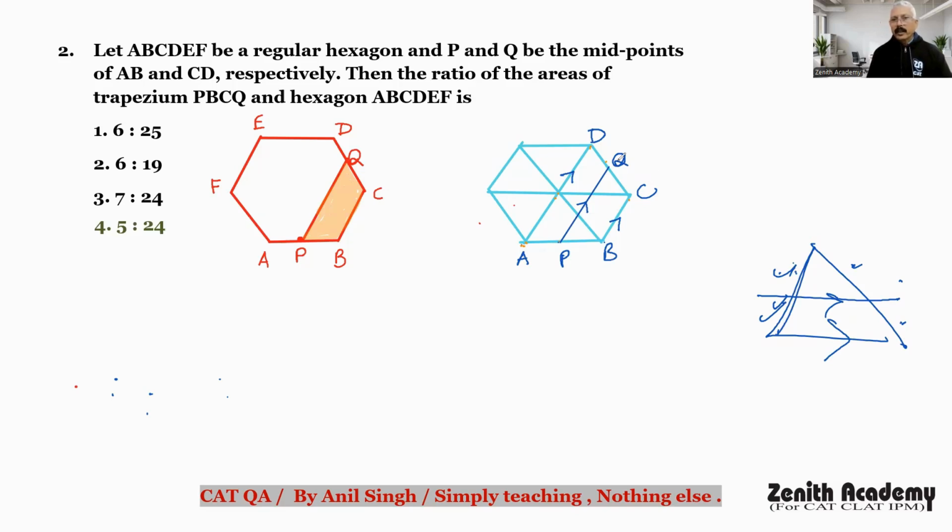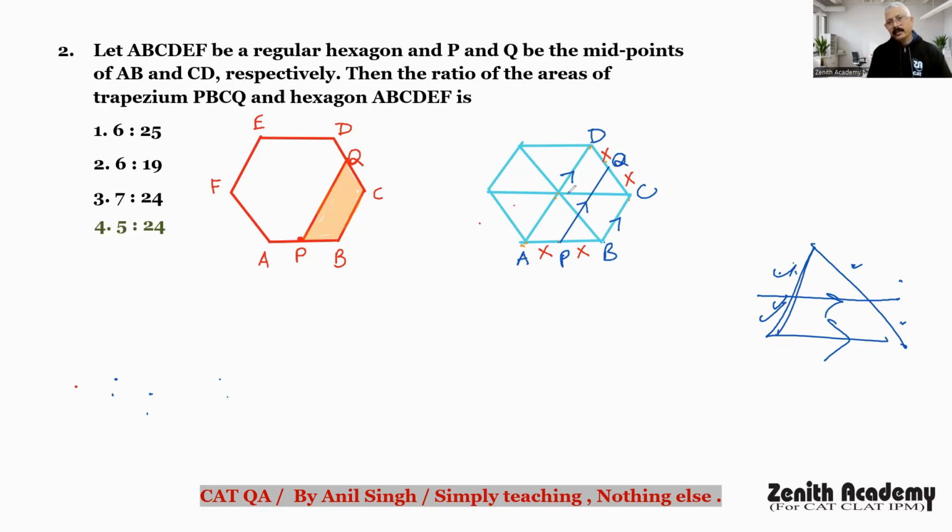Okay. So here this line PQ is actually dividing the sides at points P and Q. Like this is X, it is X, this is X, it is X. So 1:1, 1:1. It means PQ is parallel to AD and AD is parallel to BC.